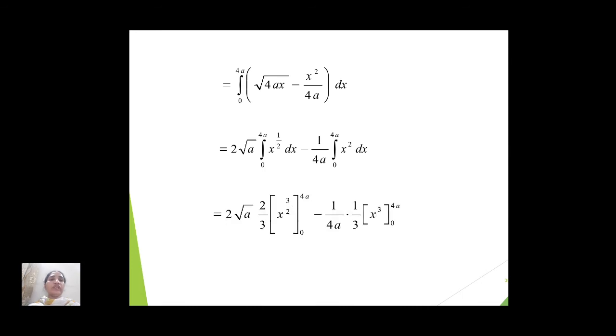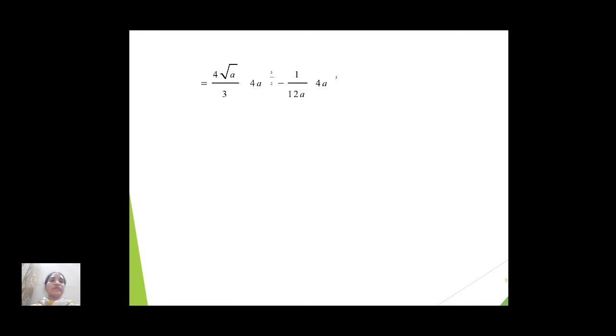Then 2 root a into 2 by 3 into x power 3 by 2, limits 0 to 4a, minus 1 by 4a into integral x square means x cube by 3.